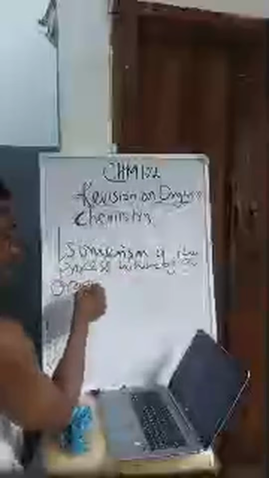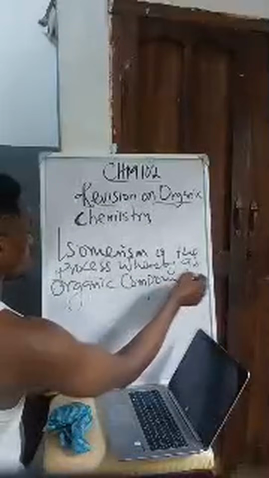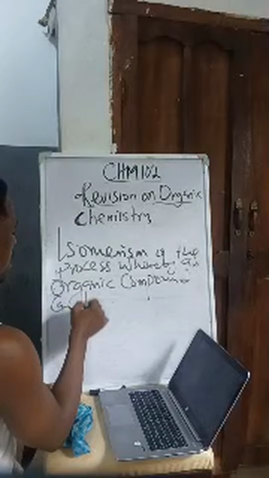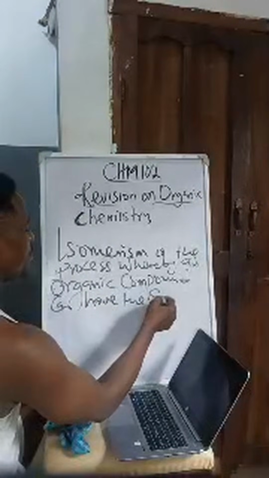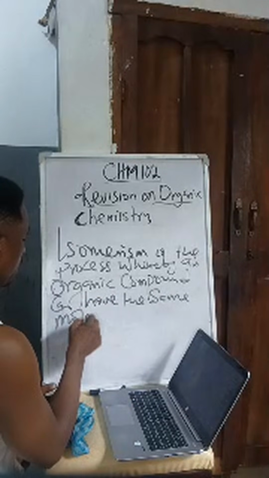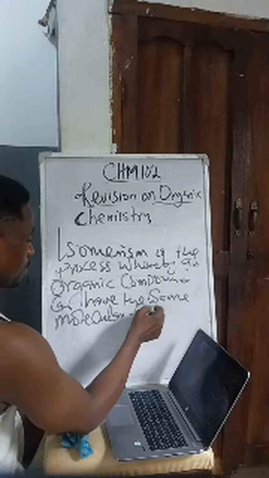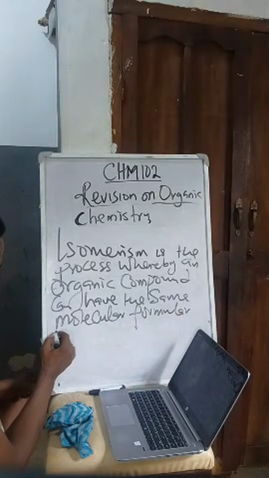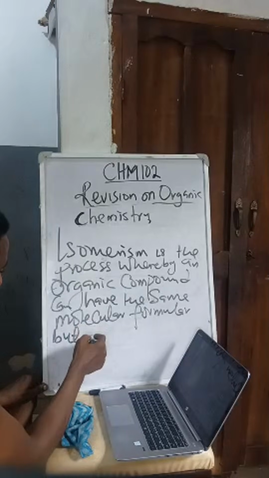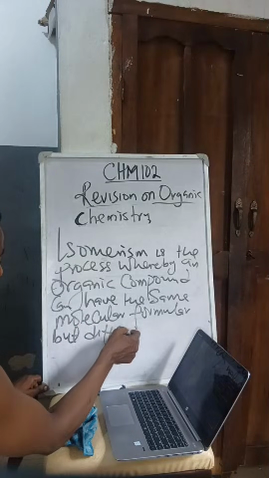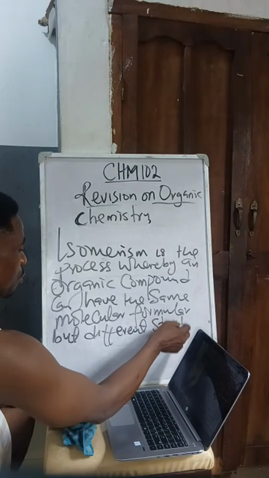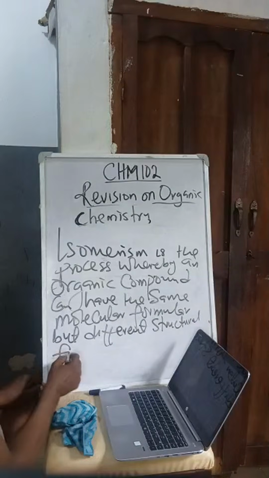Isomerism is the process whereby an organic compound can have the same molecular formula but different structural formula.